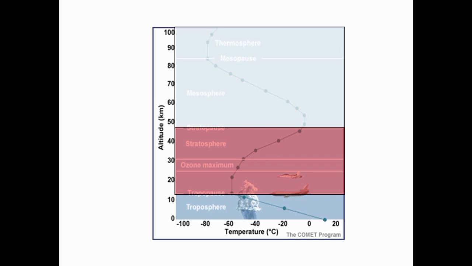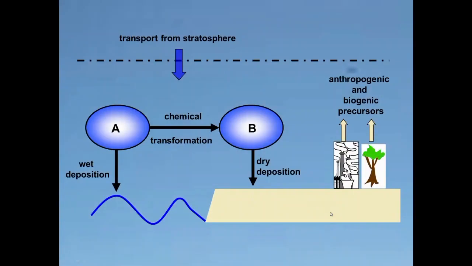We live here and breathe here. We're interested in what goes on up here because we expose our skin here. We're interested in what goes on here in the lowest kilometre or so because we breathe the air. So this is where most of the chemistry happens. Why does most of the chemistry happen in the troposphere?